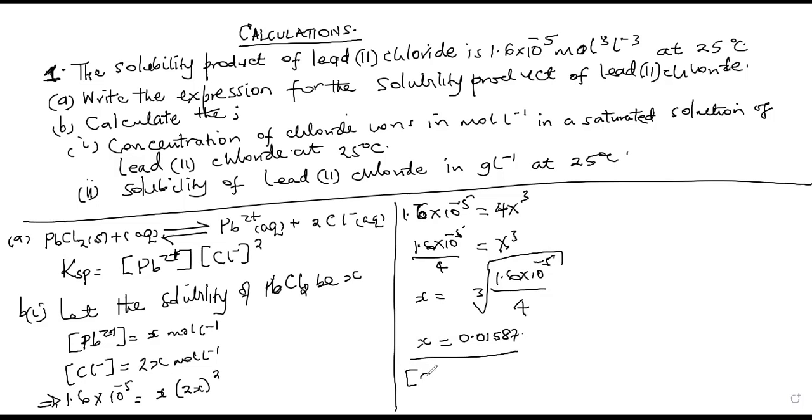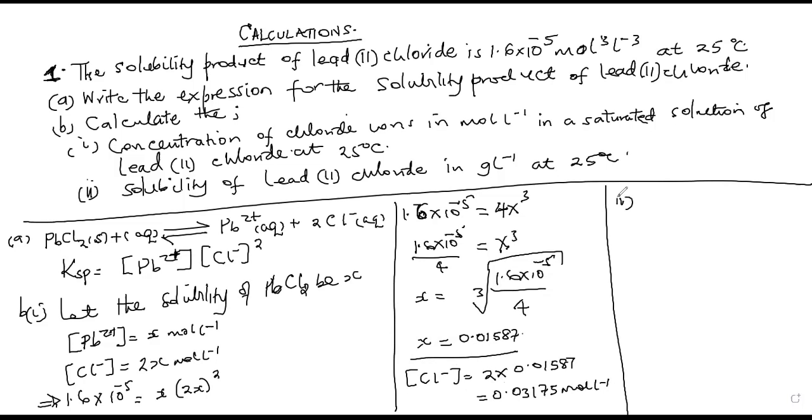So the concentration of chloride ion will be twice 0.01587, and this value will come up to be 0.03175 moles per liter. So that is my concentration of the chloride ion.